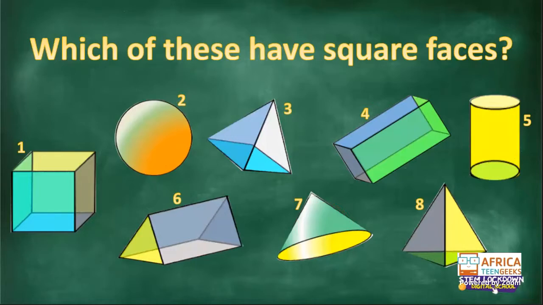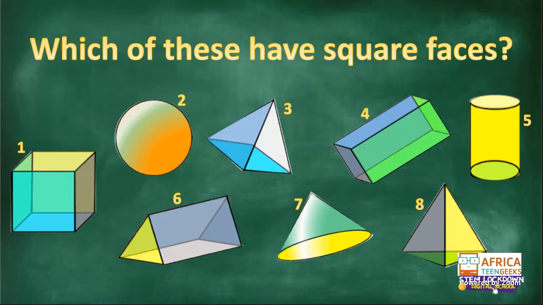Only 2 of them have square faces for sure, because I didn't tell you something else. Let me see who's the first one that wrote the correct square faces. Guys, only 2 answers. There we go. I think it's Amanda, if I look correctly. Let me just go through all the answers.